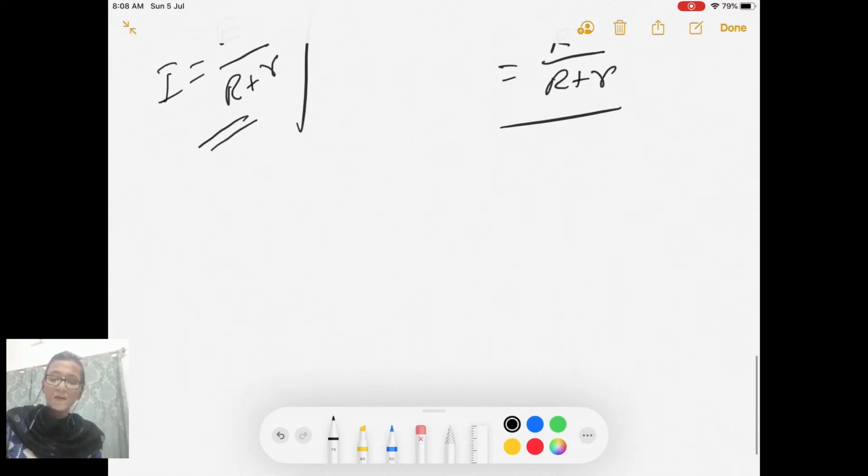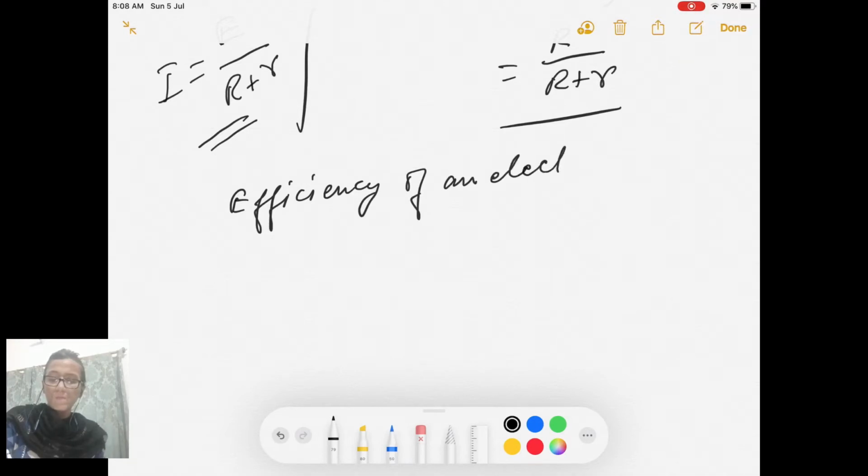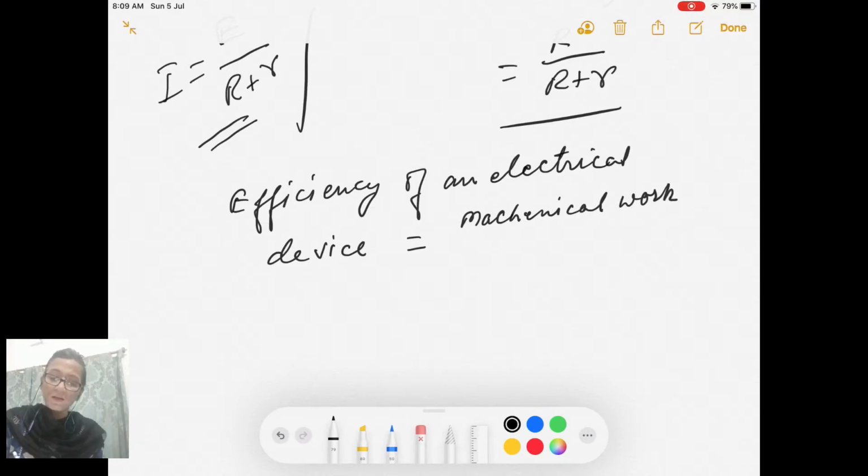Now efficiency of any electrical device is equal to output mechanical work done divided by electrical work, or mechanical power, better, right, mechanical power, output power upon electrical input power.